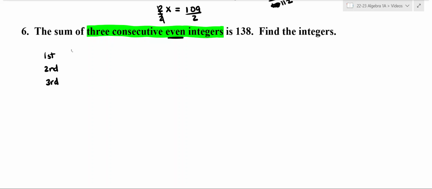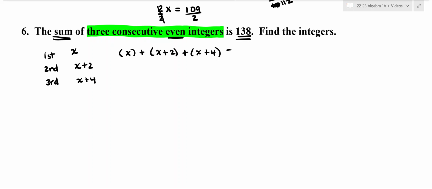And for even, it's going to be x, x plus 2, x plus 4. And we want the sum to be 138. All right, so x plus x plus 2 plus x plus 4 equals 138.